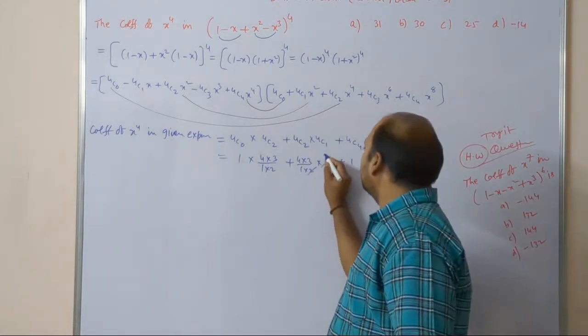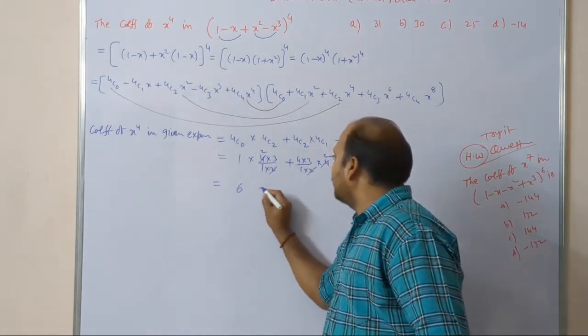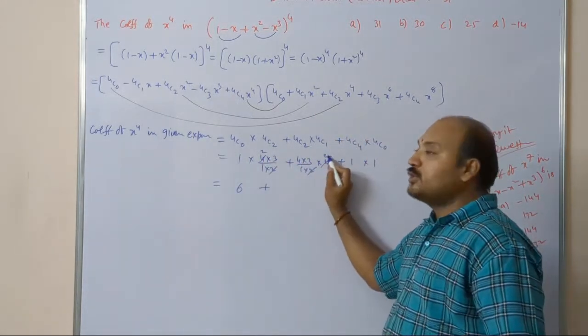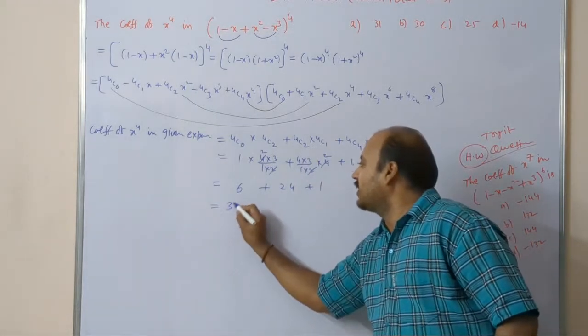So 1 into 2 into 3, 6, plus 4 3s are 12 into 2, 24, plus 1 into 1 is 1. So 30 plus 1, 31.